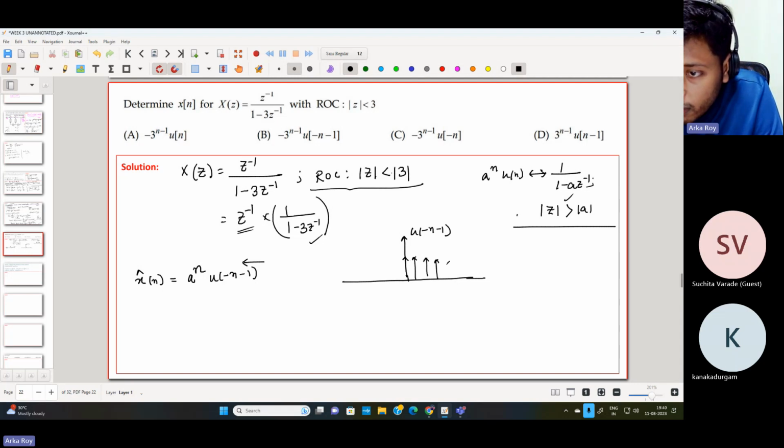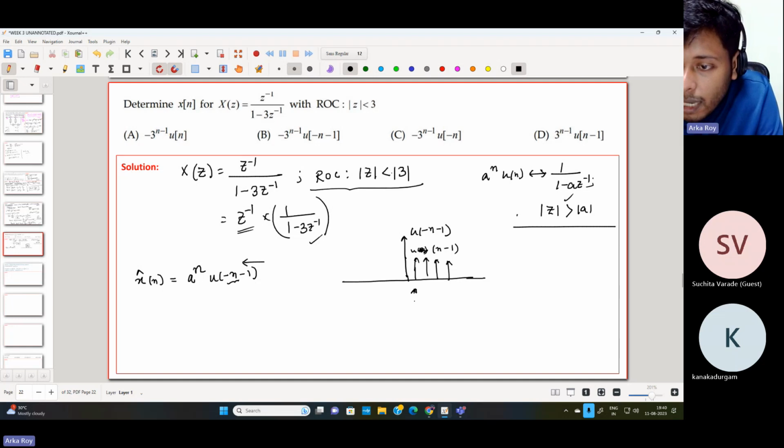u[n] looks like this. This is simple u[n]. Now we are delaying the signal by an amount of 1. That means the signal will start from index number 1. This is u[n minus 1]. Now what we have given is minus n, that means it is time reversal or sample reversal.